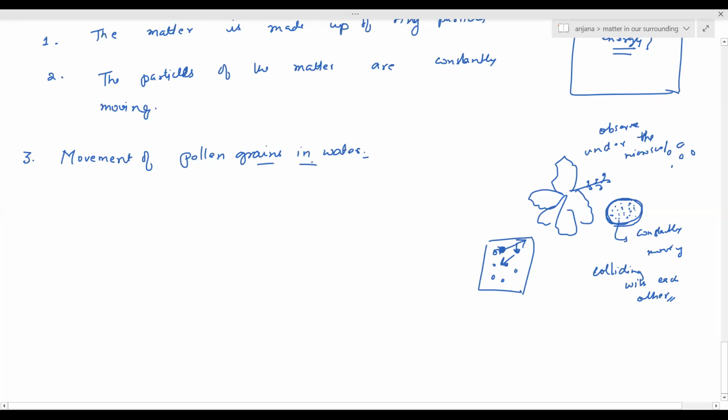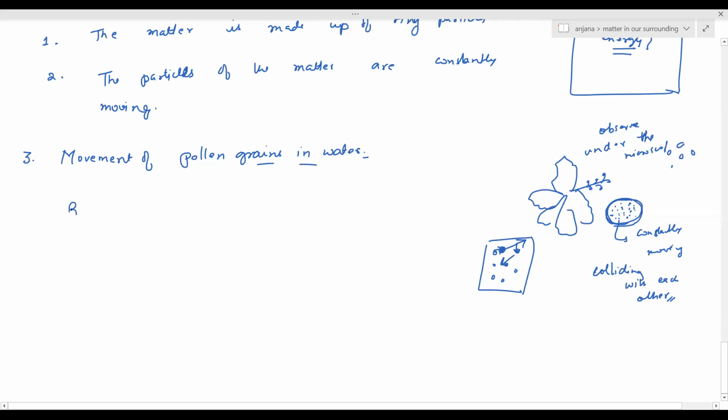Carefully, the existence of movement of particles in liquids was given by Robert Brown.